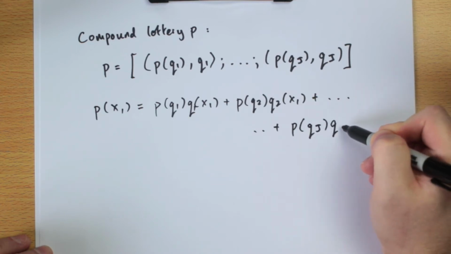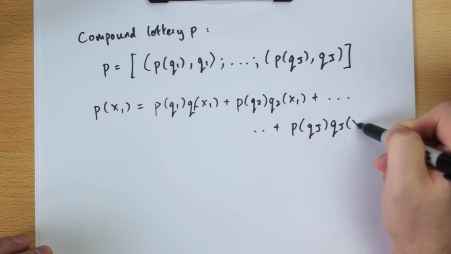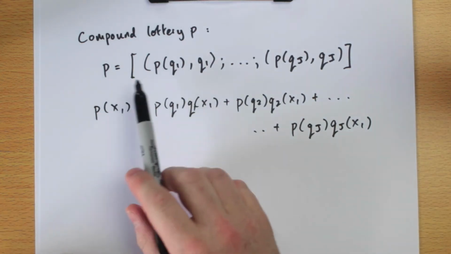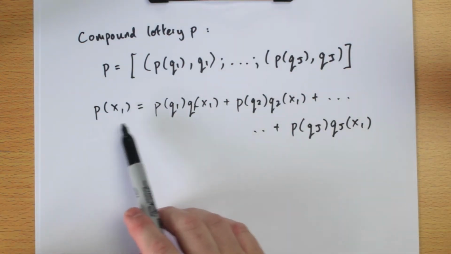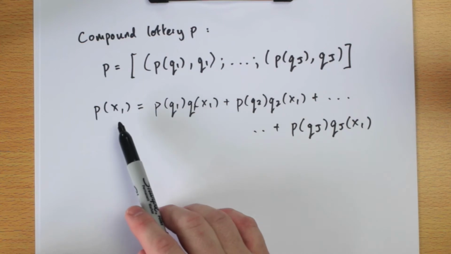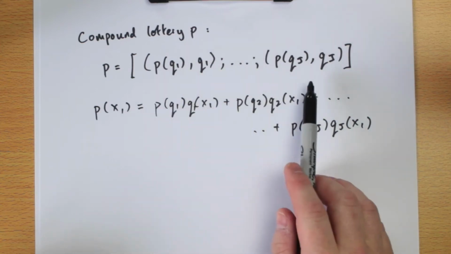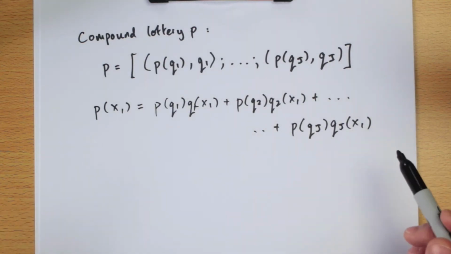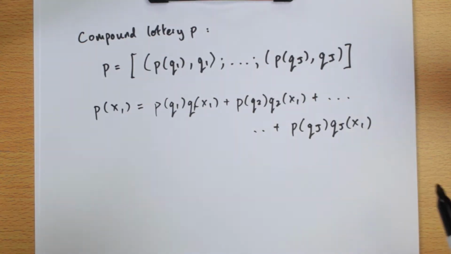Then I get lottery QJ, which has some probability of receiving outcome x1. So taking a compound lottery, you can still calculate the probabilities of the outcomes, but they're often expressed in this way, lotteries of lotteries being compound lotteries.